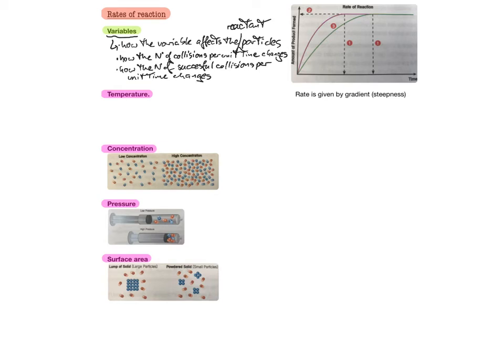If you're not sure what I'm talking about with collisions per unit time and successful collisions per unit time, have a look back at the video on collision theory. Let's just run that through. If we know about the variable, we should be able to work out how that variable affects the reactant or the reagent particles, which means we will know what happens to the number of collisions per unit time, which means we'll know what happens to the number of successful collisions per unit time.